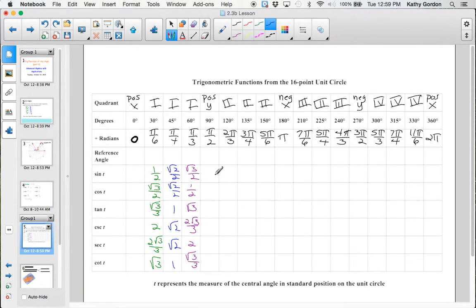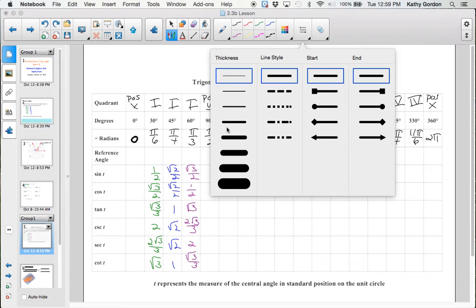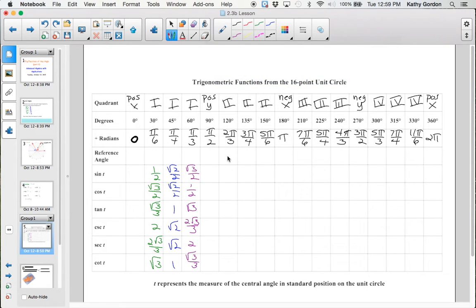So here, my reference angle is pi over 3. Okay, do you see any connection between my angle and my reference angle?